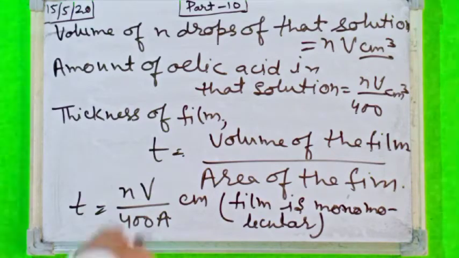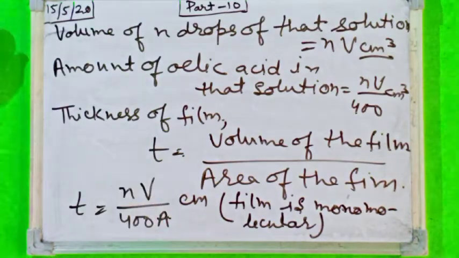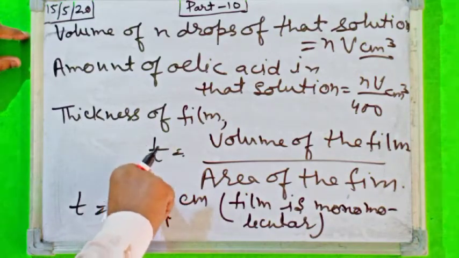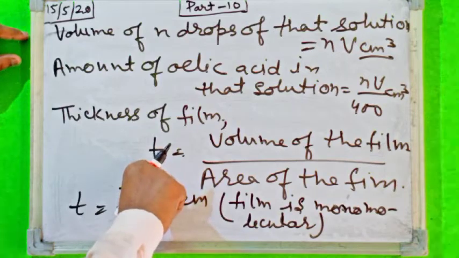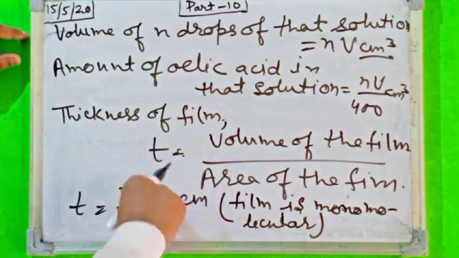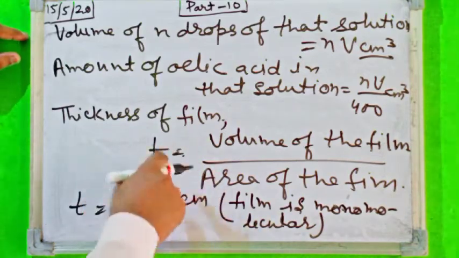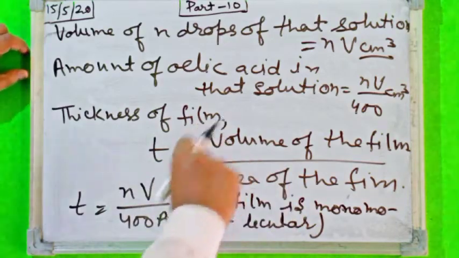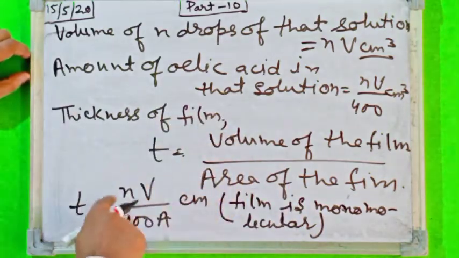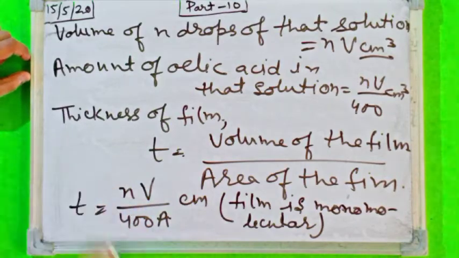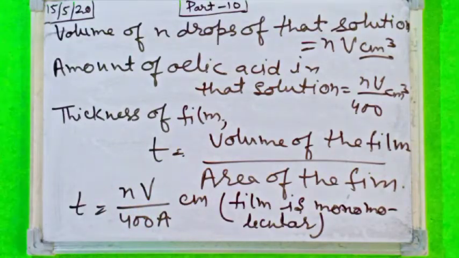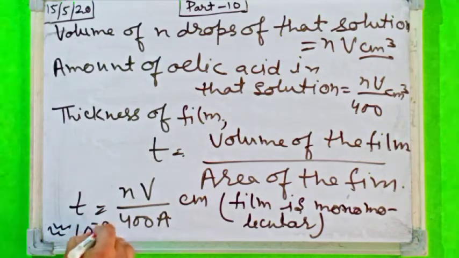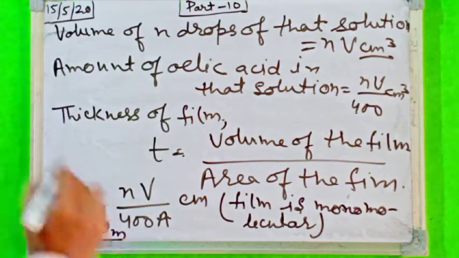Then the volume is equal to area into thickness, just as volume is length into breadth into height. So length into breadth becomes area. Area into height, and if it is monomolecular, the area cancels out and the thickness will be nV upon 400 A. This value we approximately get as 10 to the power minus 9 meter.